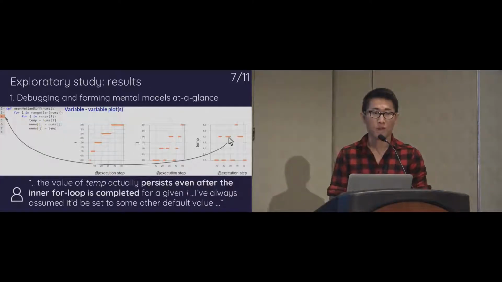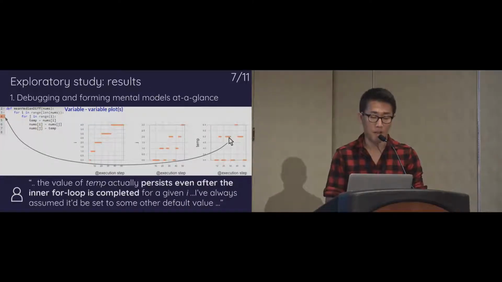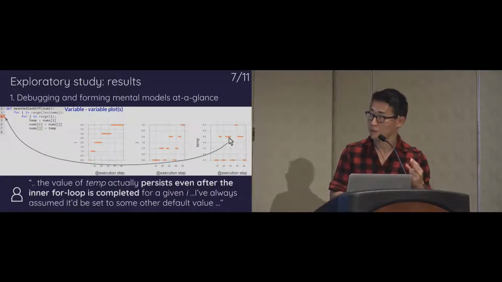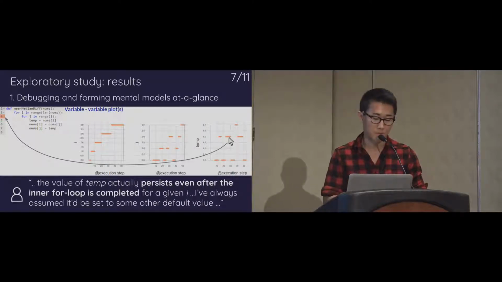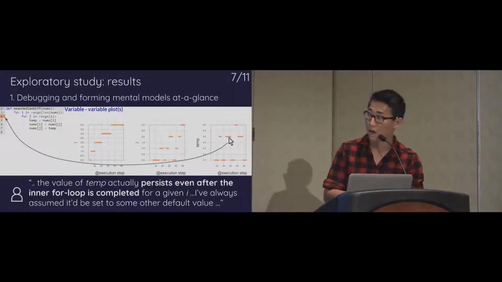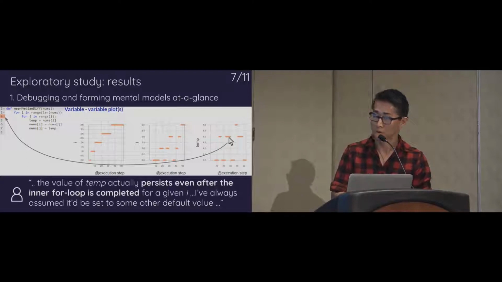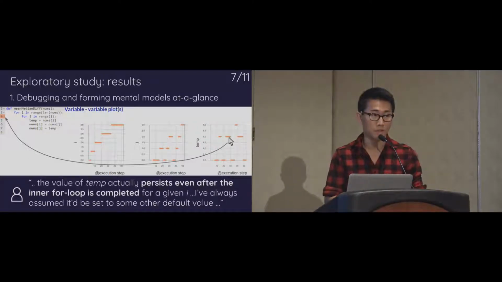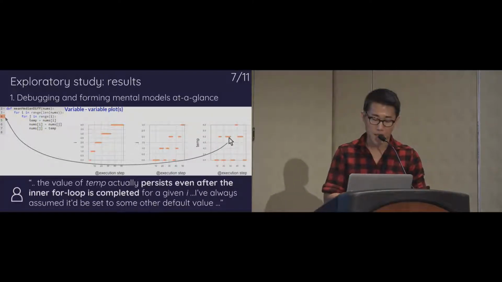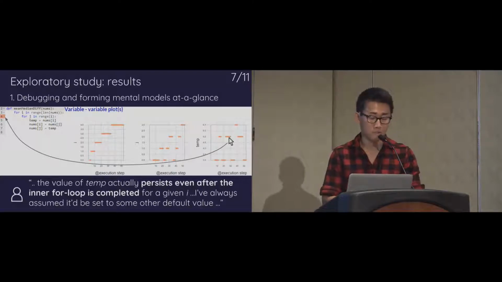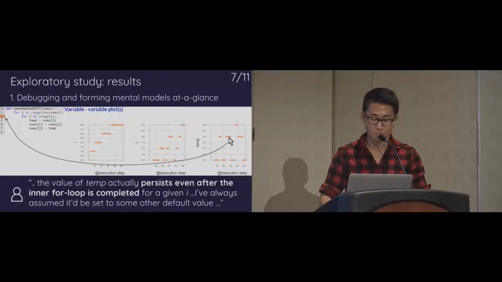The result provided a glimpse of Omnicode's benefit in learning in 3 regards. First, students thought Omnicode is a meaningful medium for debugging and forming mental models. For example, one student examined how the value of the temp variable changes over time, as shown in the quote, and interacted with visualization marks to see the corresponding lines of code and corrected his mental model through evidence-based argumentation.